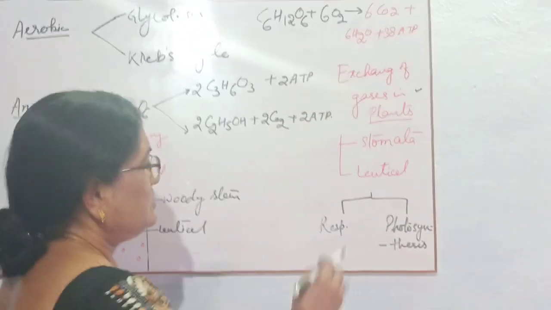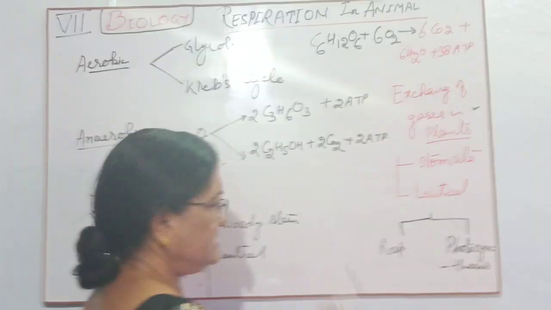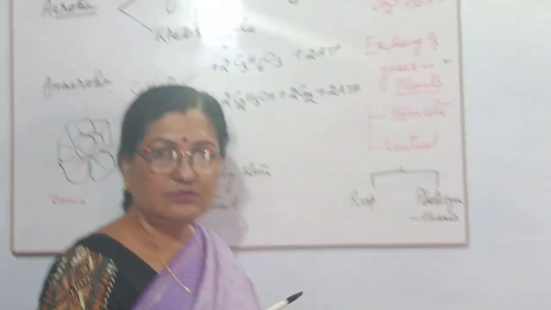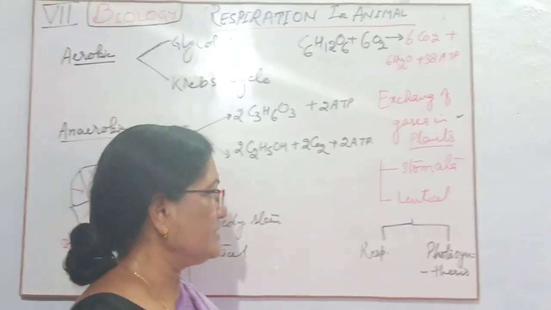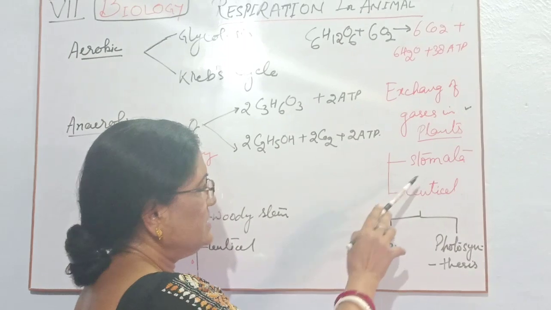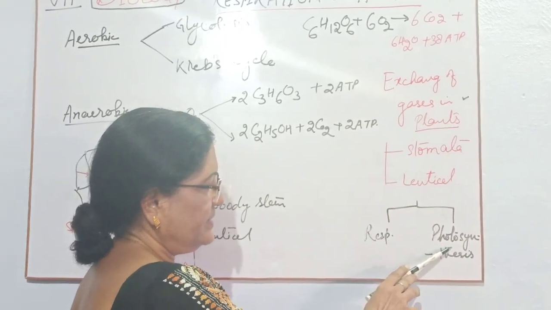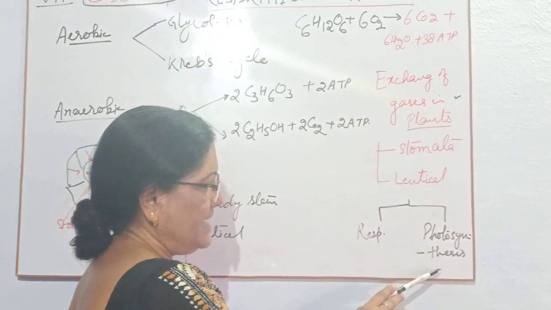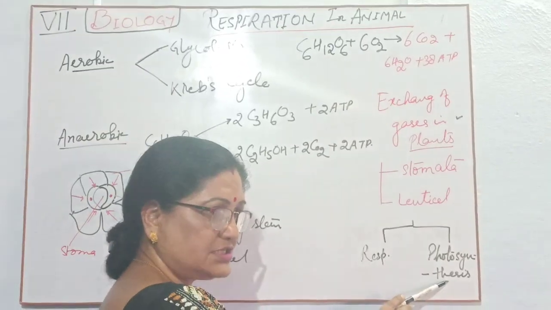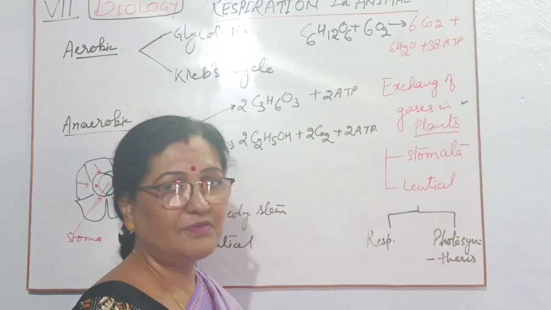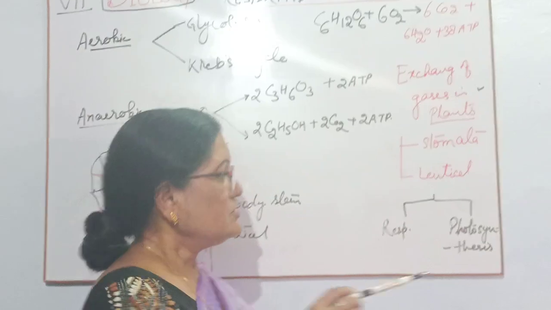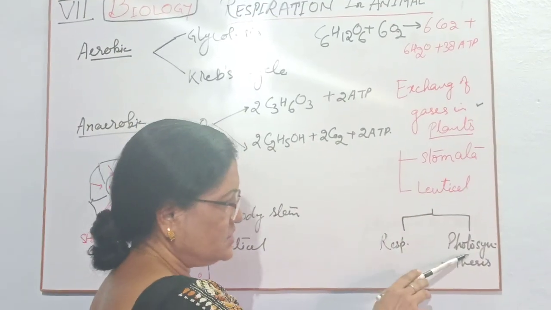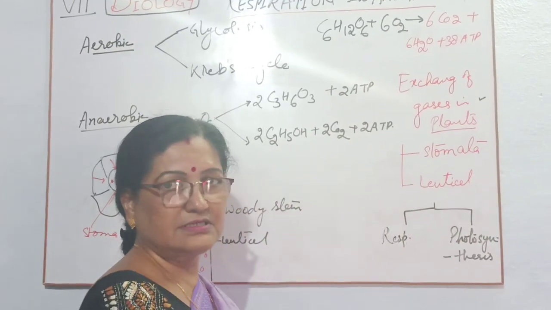Now, due to these stomata and lenticels, what activities are they doing? Through the stomata, there is intake of carbon dioxide and release of oxygen for us and for other living animals. This process is known as photosynthesis.